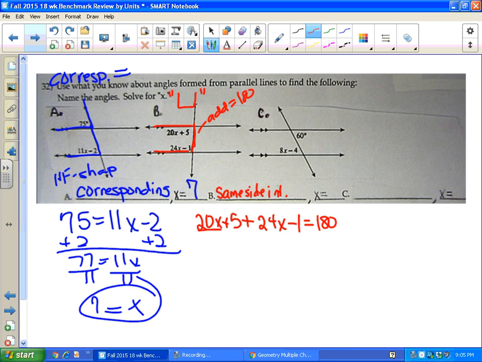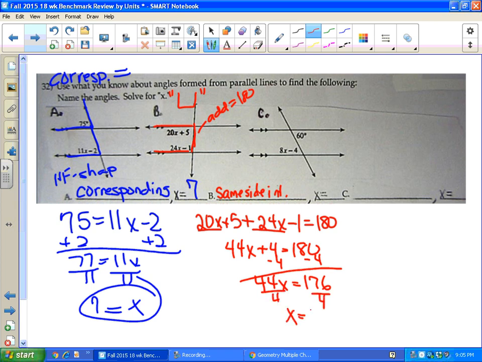Okay, add my like terms. I get 44x plus 4 is equal to 180. Subtract 4 from both sides. 44x is equal to 176. So 176 divided by 44 is 4.